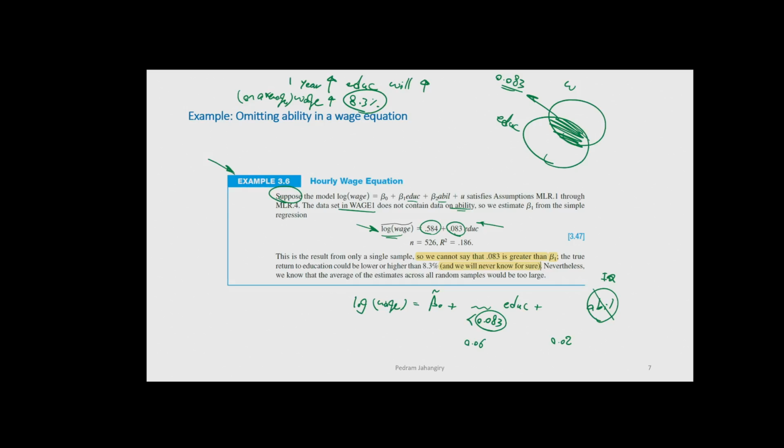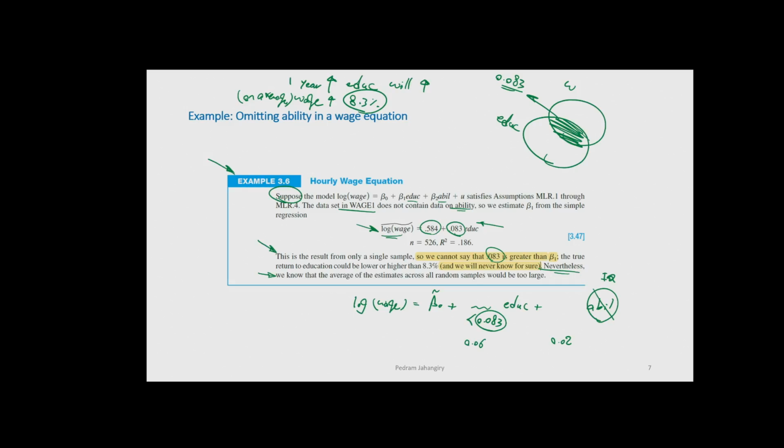The yellow highlight is basically talking about that. This is a result from only a single sample, so we cannot say that 0.083 is greater than beta 1. We have already talked about these things. The true return to education could be lower or higher than 8.3, and we will never know for sure. However, this is the new thing that we discussed: we know that the average of the estimates across all random samples would be too large.